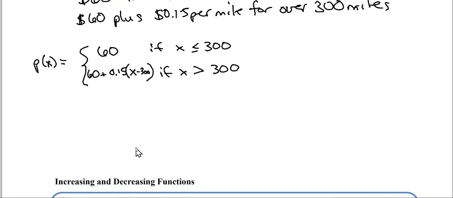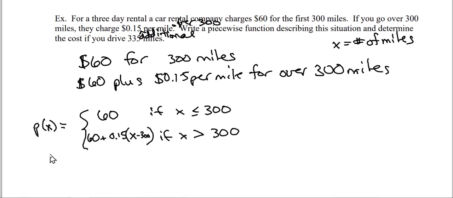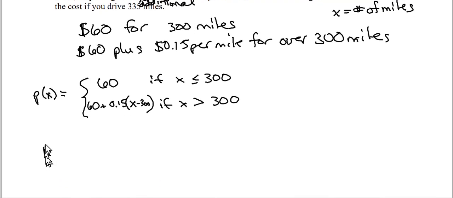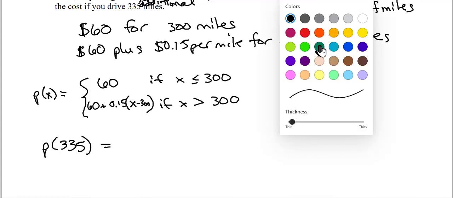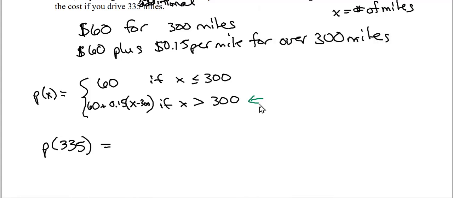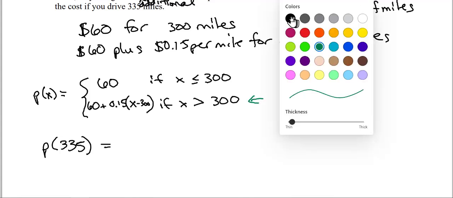Okay? Now, to answer this question, determine the cost if you drive 335 miles. What's your price for 335 miles? Well, we clearly have to use this bottom equation because it's over 300 miles.